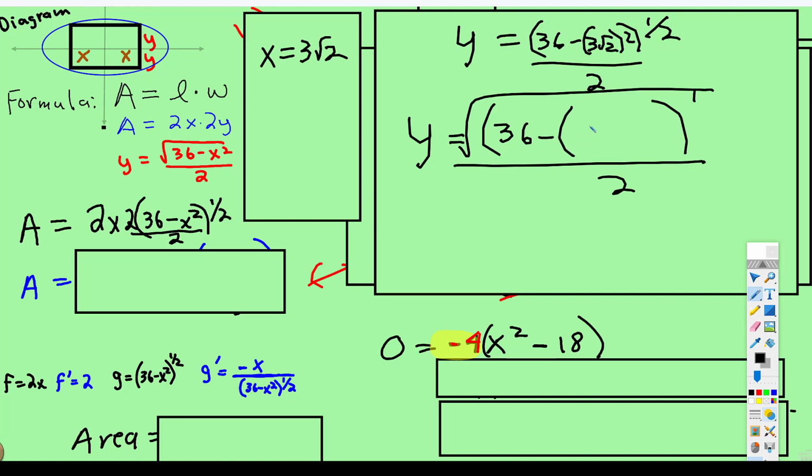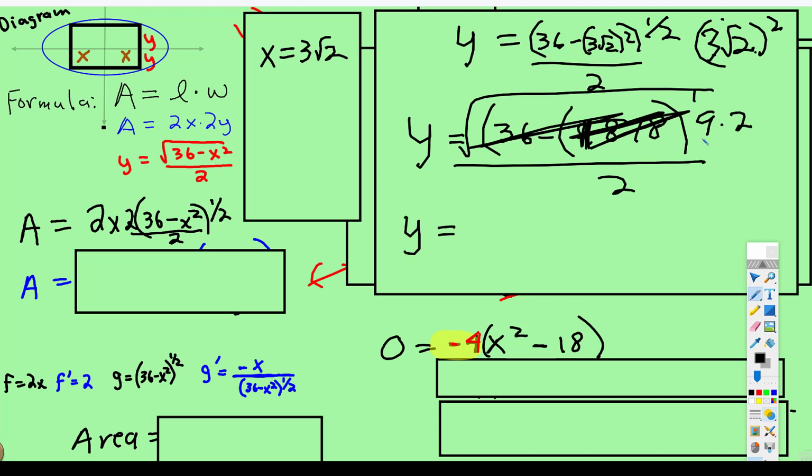Well, 3 squared is 9, so 3 root 2 squared. 3 squared is 9, root 2 squared is 2, 9 times 2 is 18. Well, now we have 36 subtract 18, which is just 18. Well, the square root of 18 is 9 times 2. So now we have y is equal to the square root of 9 is 3 root 2 over 2.